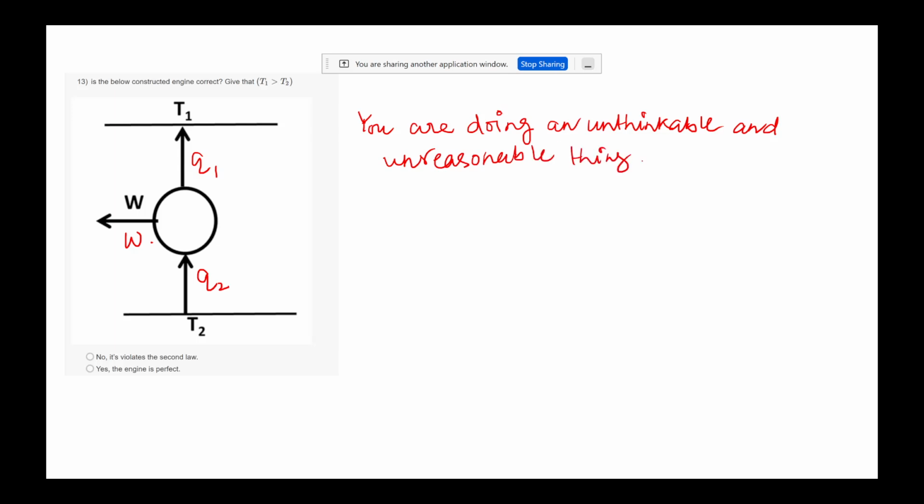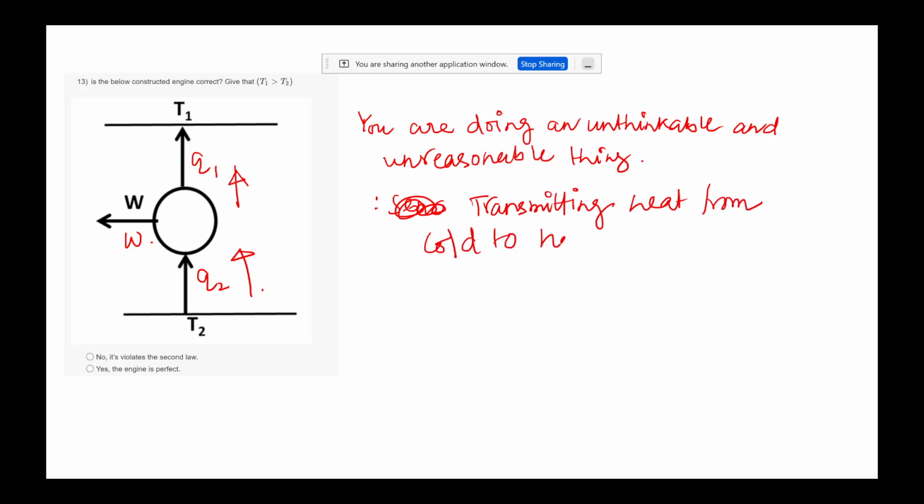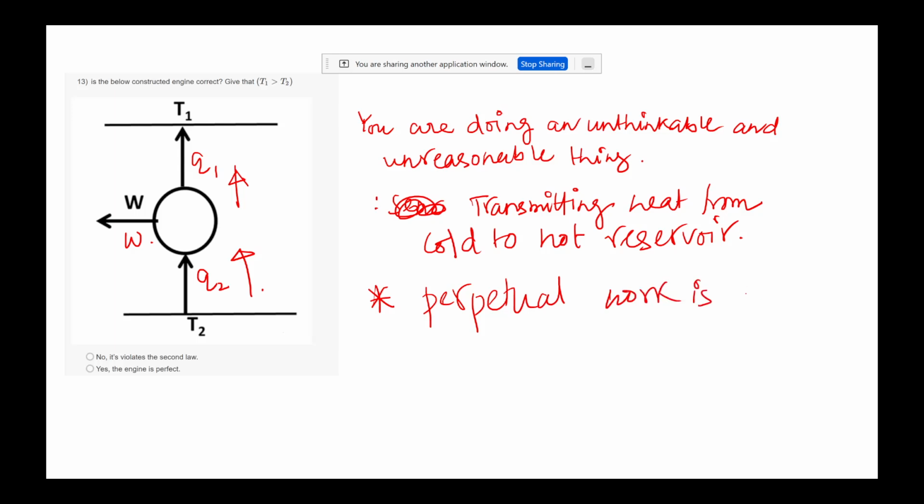which is sending or transmitting heat from the cold to the hot reservoir, and this is spontaneous, meaning no work is done, while you are also getting some work, that is also perpetual work obtained.